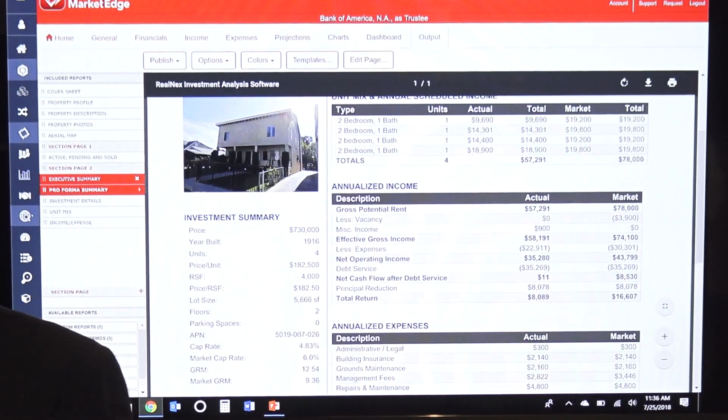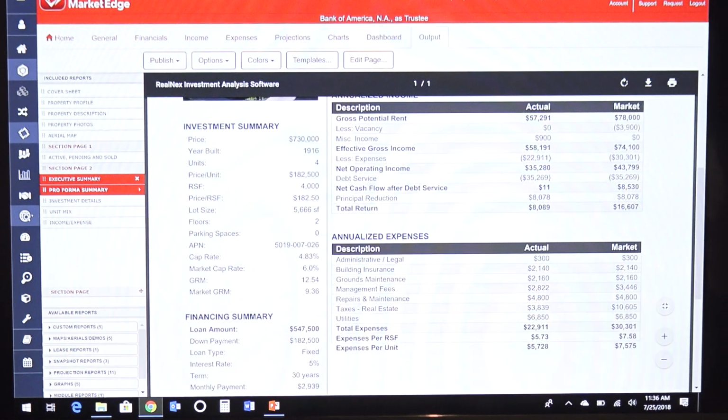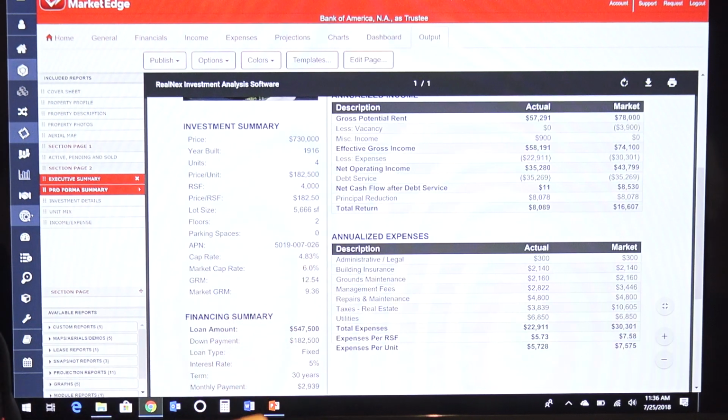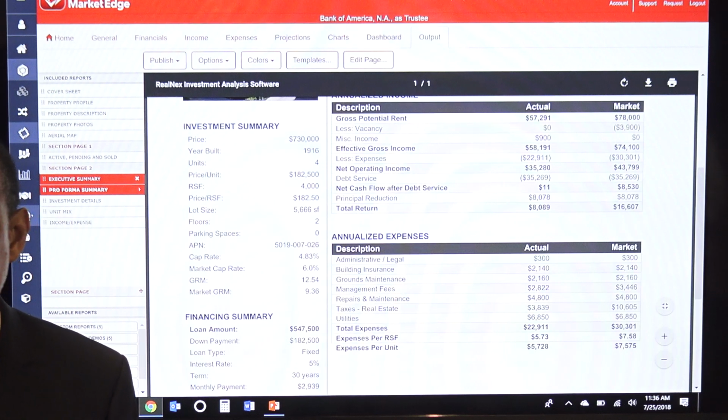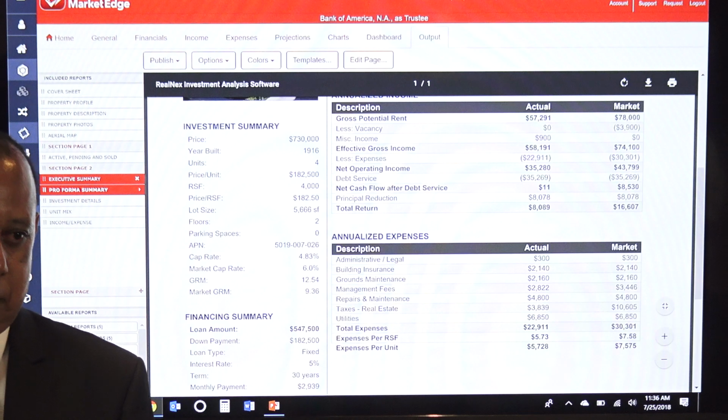Michael, I have a question. Yes. Does the cap rate take into account the principal reduction, or does it not in this particular case? No, cap rates never take into consideration principal reduction. What takes principal reduction into consideration is internal rate of return.